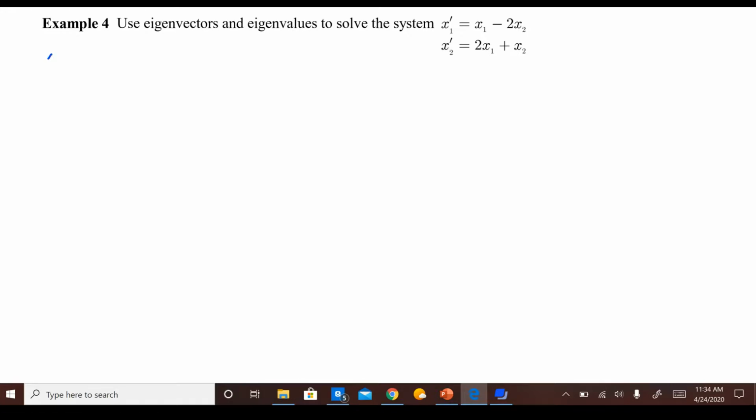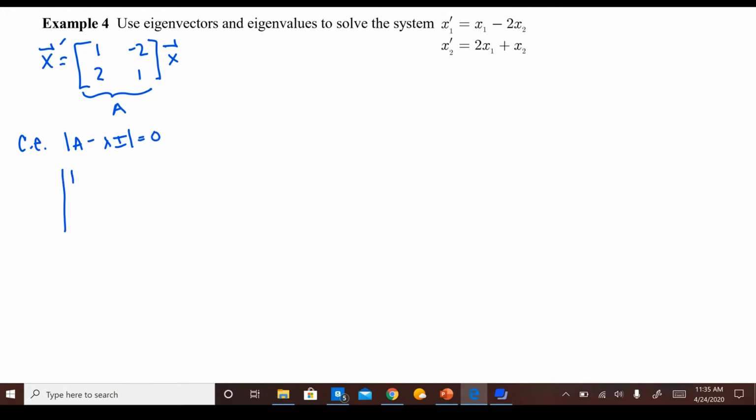So as we did before, we're going to start by expressing our system in matrix form. So let's pick up our coefficients. There is our matrix equation, and of course this coefficient matrix is matrix A. So let's find our characteristic equation, which is determinant of A minus lambda I equals 0.